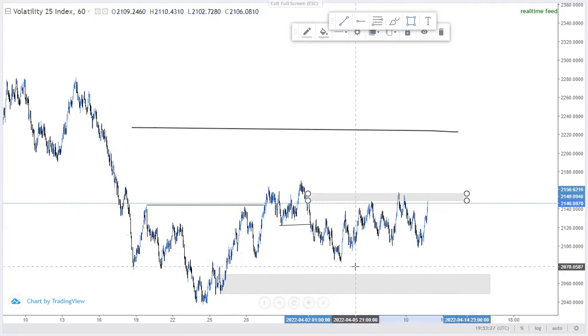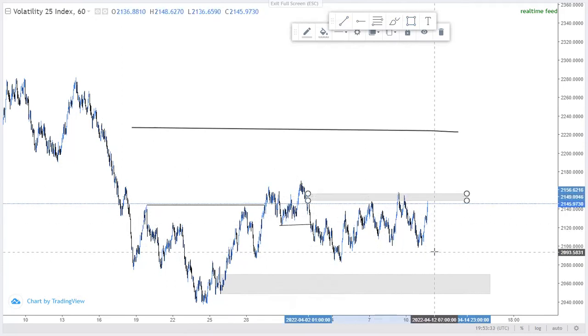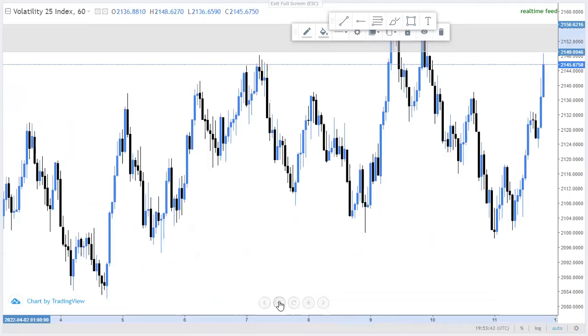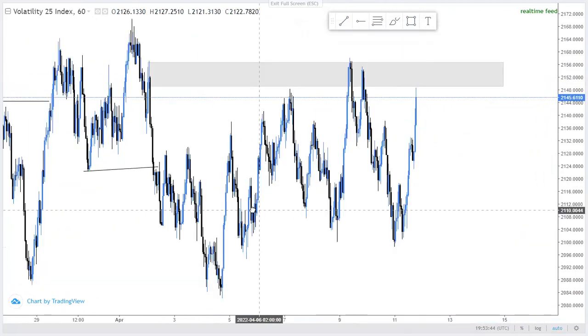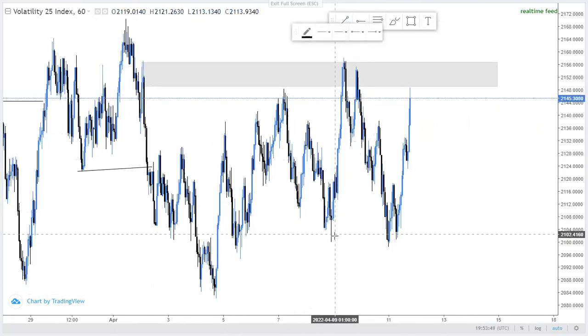Simple. So we tapped into this order block and dropped. When we dropped, we did break structure here. If you can look at it carefully, we dropped from this order block and broke structure here.